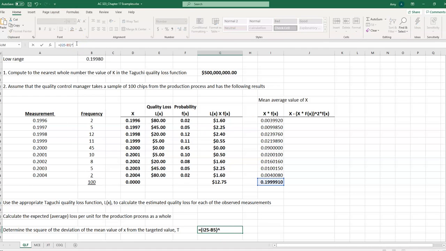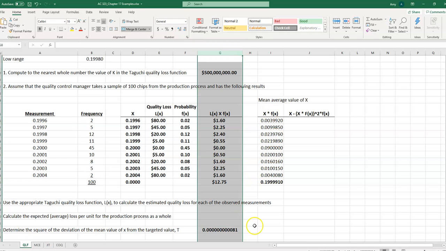And we're going to square that, or take it to the power of 2. We have to take it out 12 decimal places to get the numbers for it.